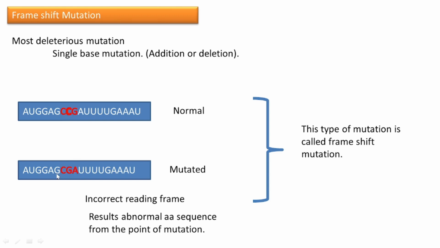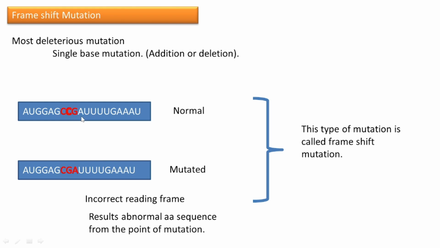So after this GAG codon, the codon is changed. Now in the normal mRNA, the mRNA that needs to produce the normal protein, the codon is CCG, but here it is CGA. It is changed, and that change is not stopping here. It is continuing downwards to all the other codons that we can see here.